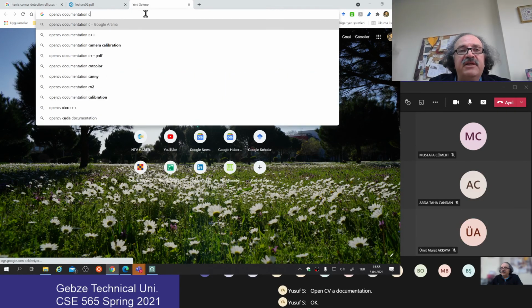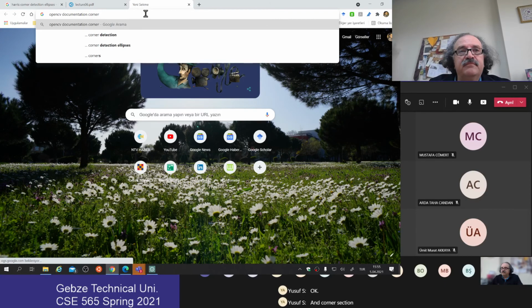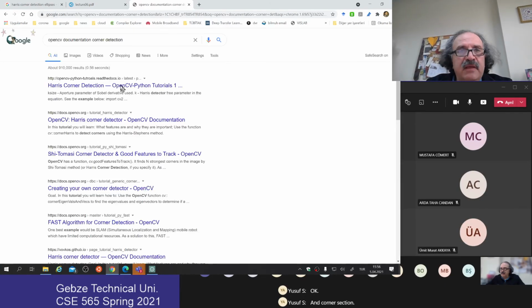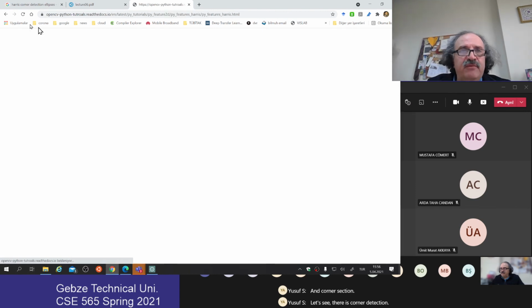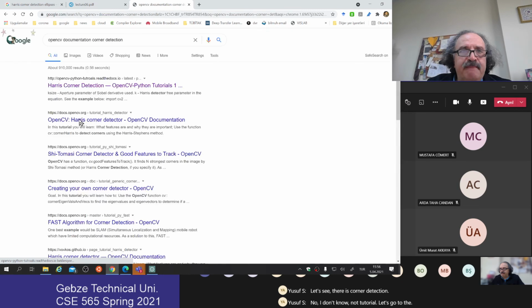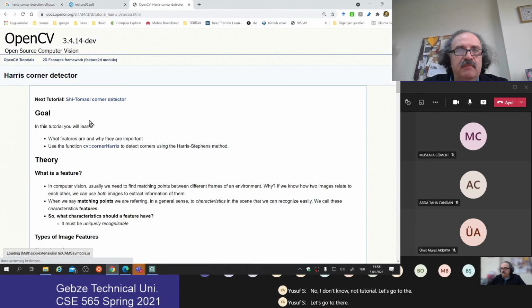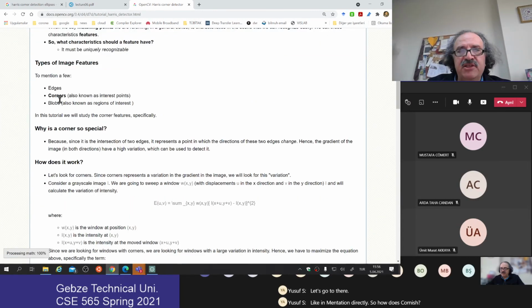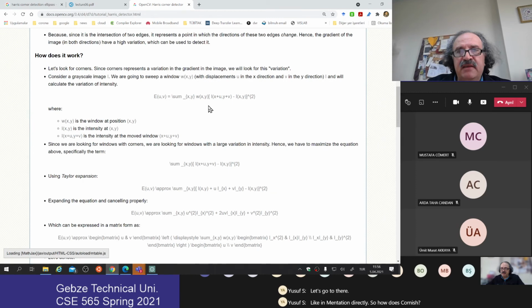Corner detection. Let's see the Harris corner detection. No, not the tutorial. Let's go to the documentation directly. So Harris corner, edges, corners, and blobs, and you remember this one.